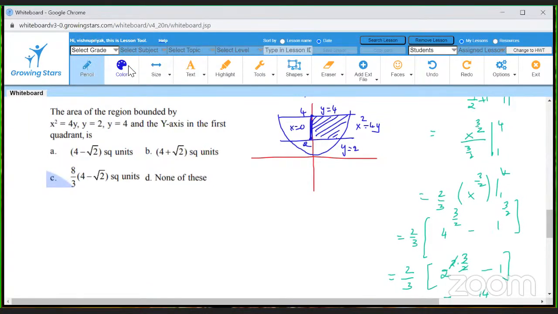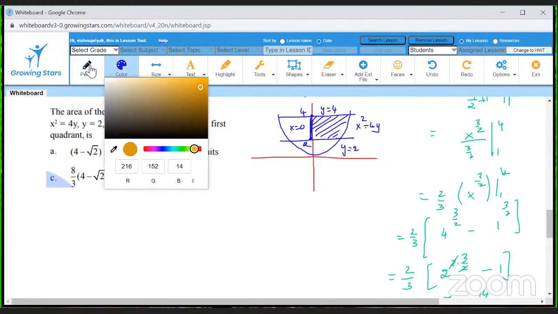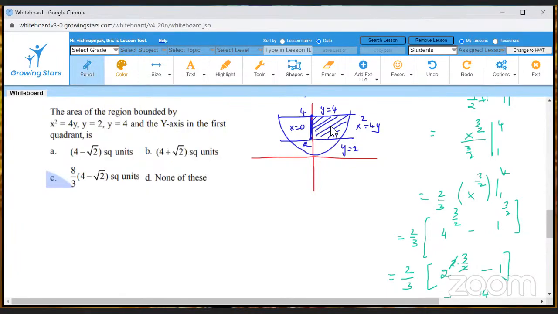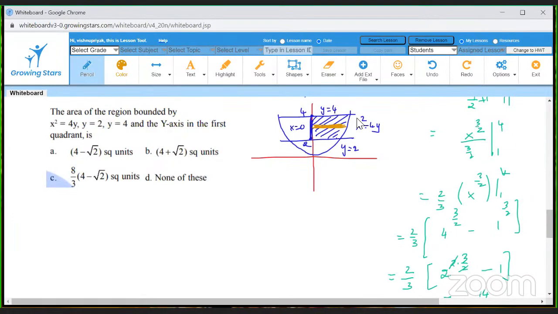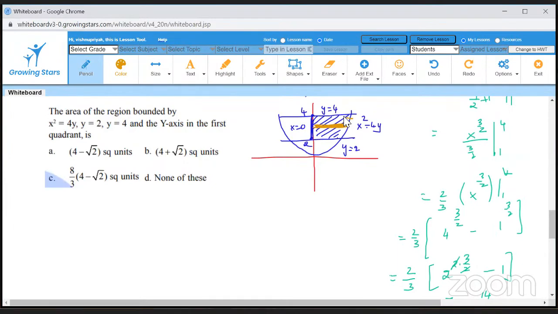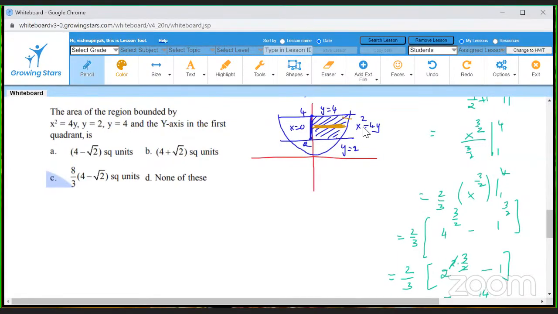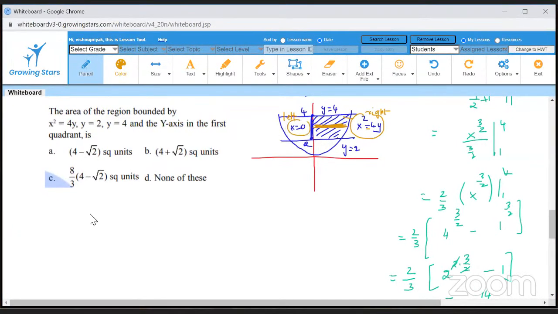Because they are talking about the y axis, you will draw the line perpendicular to the y axis. You will draw this, then you can see the right side of the line is this equation, the left side is this equation.